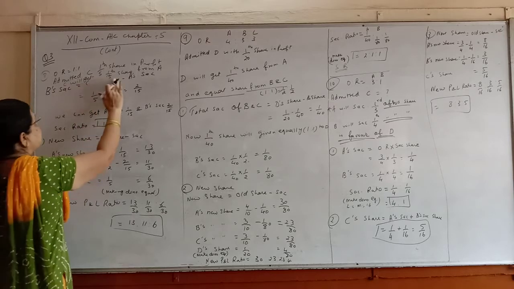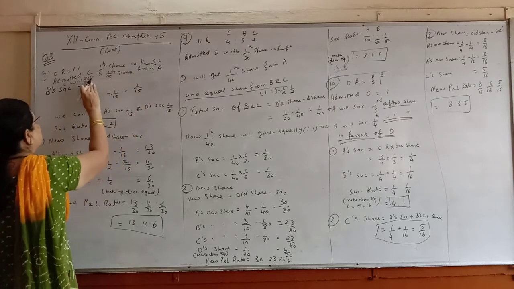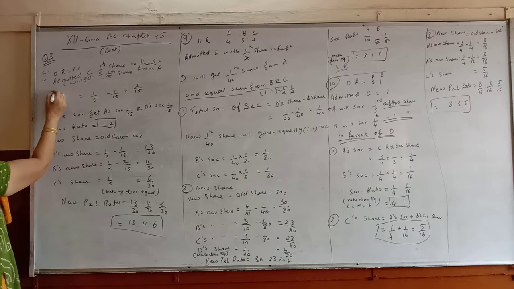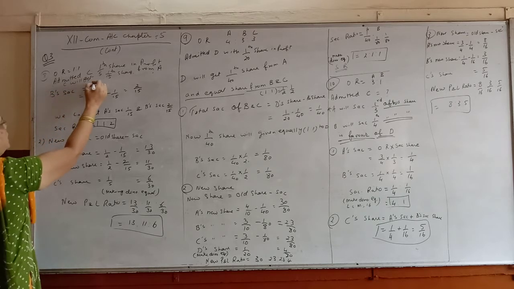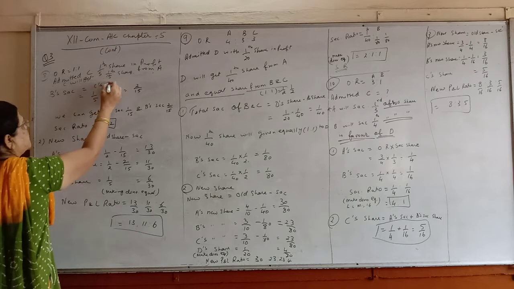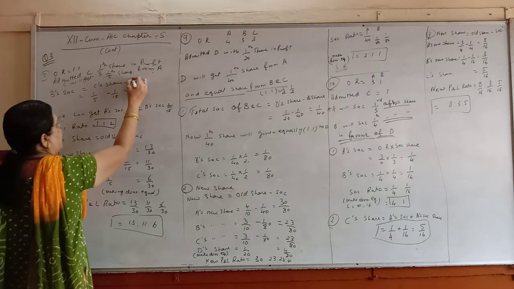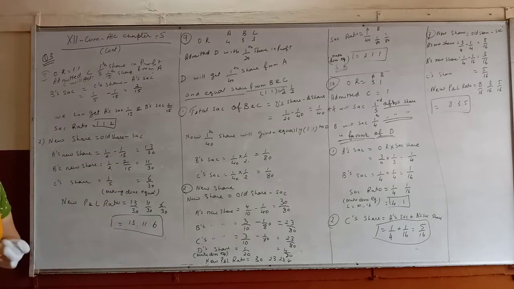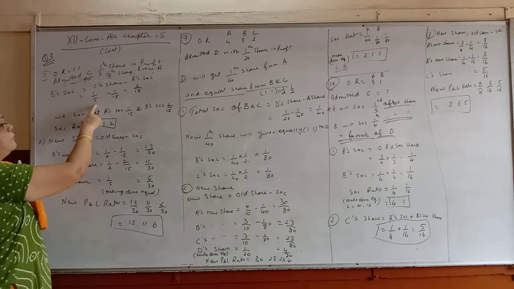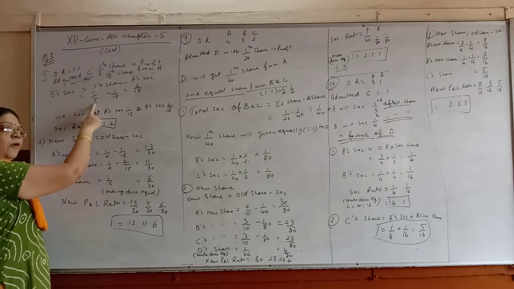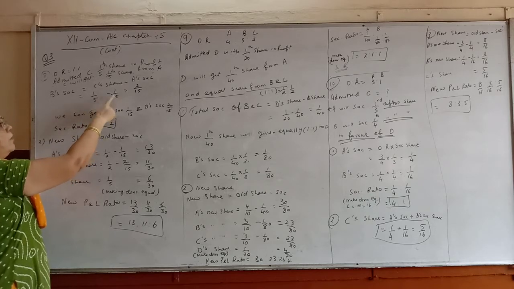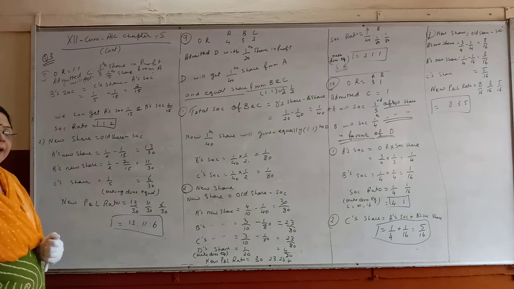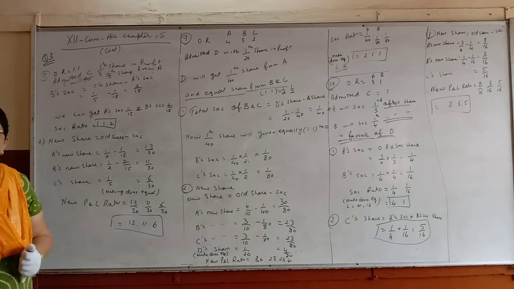How much is B going to give C? C was admitted with 1/5 share. From that, A will give 1/15 share to C and the remaining will be given by B.